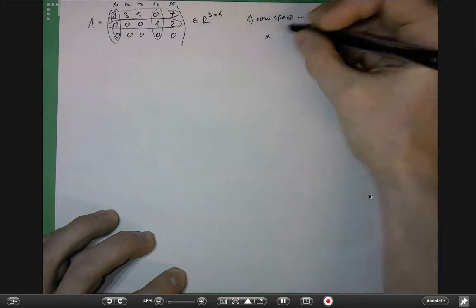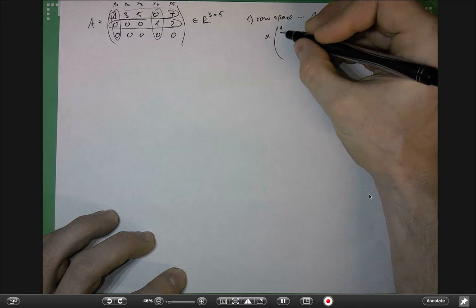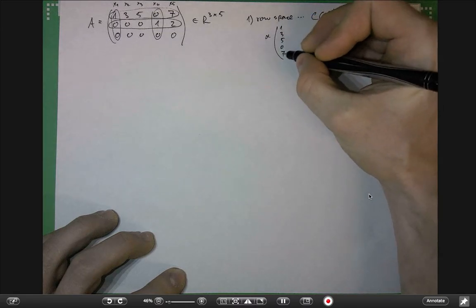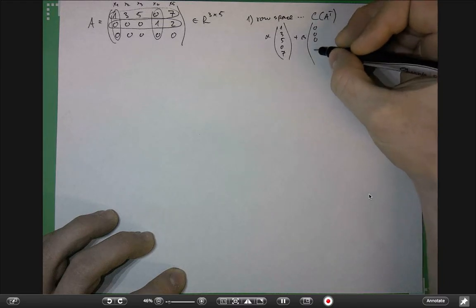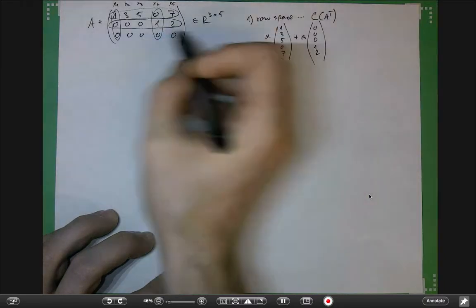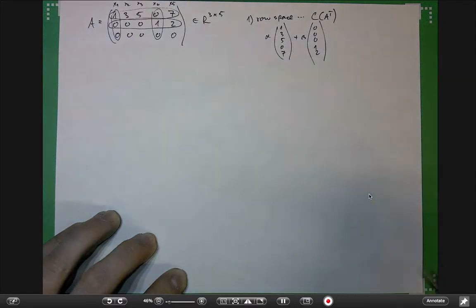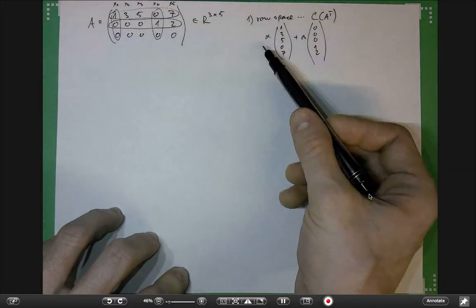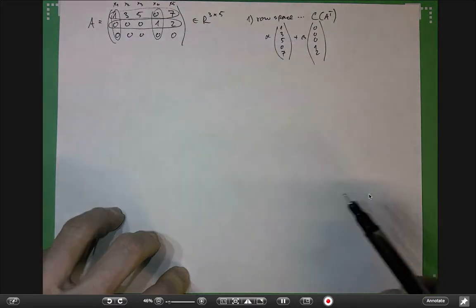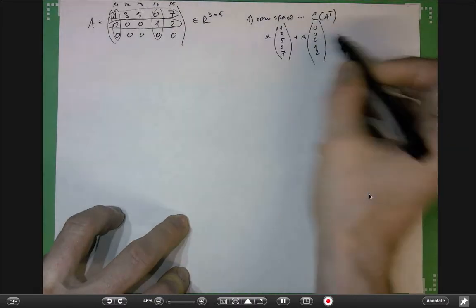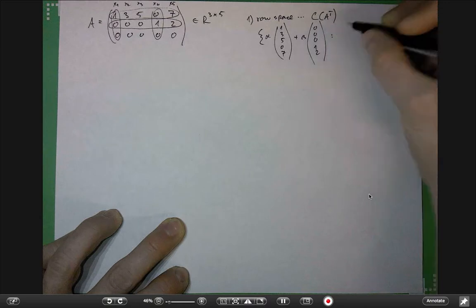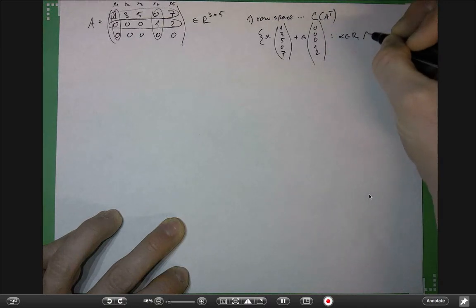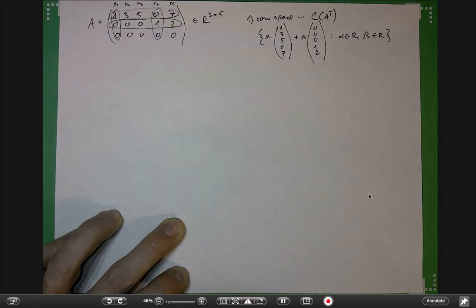So I can write it simply as this: (1, 3, 5, 0, 7) times some alpha plus beta times (0, 0, 0, 1, 2). I clearly don't need the third one because it's just zeros, and 0 I already have there because I can pick alpha 0 and beta 0, right? So this is exactly the row space. I could write it like this for alpha in R, beta in R.